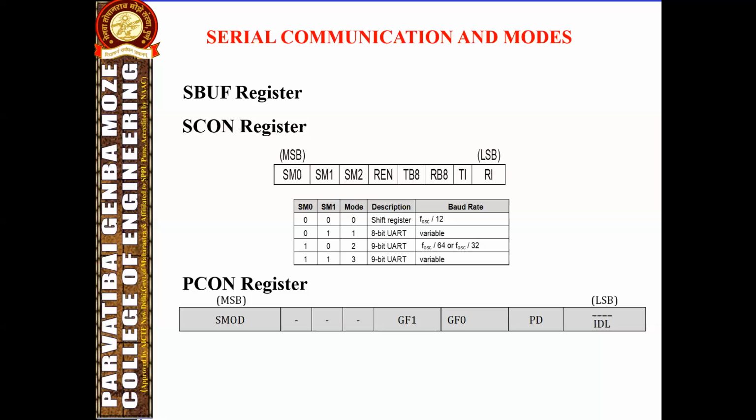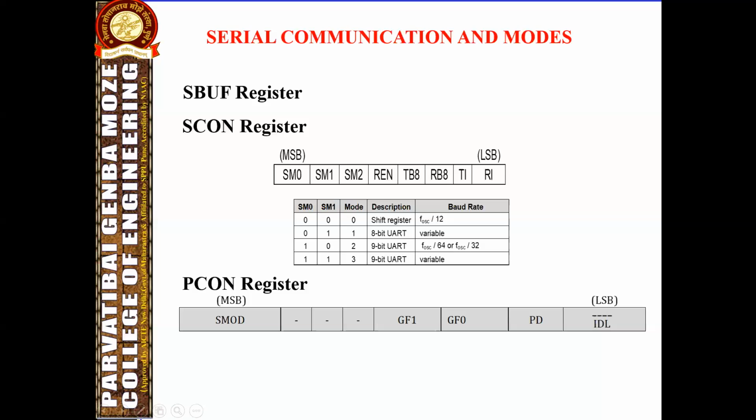RI is the receive interrupt flag, which is set by the hardware at the end of the 8th bit time in mode 0, or halfway through the stop bit time in the other modes. In any serial reception, except SM2, it must be cleared by the software.